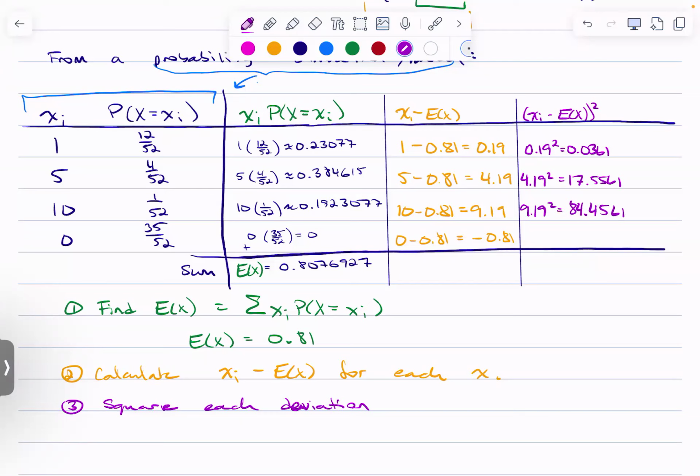If you get a negative result, you want to be careful because negative squared becomes positive.